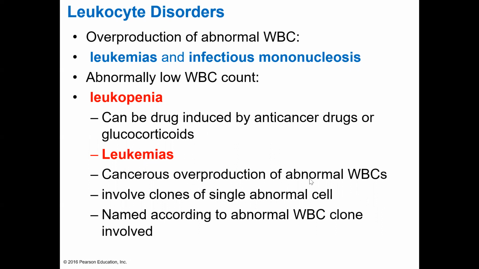Leukemia is a cancer with production of abnormal white blood cells that are really immature, too young, and corrupted, and they cannot do the work, so they're not able to defend the body. That explains why patients with leukemia are really susceptible to infection. They get infections more than anybody, even though they have a lot of white blood cells circulating in the blood.